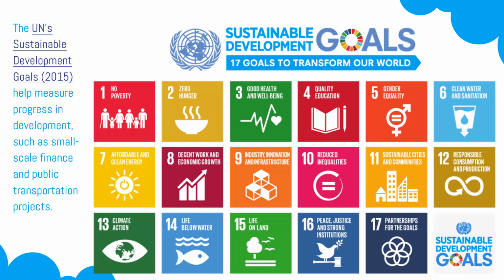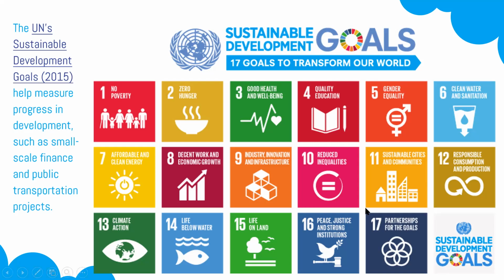In 2015, the United Nations developed these goals, the SDGs, Sustainable Development Goals, to help measure progress in development, such as small-scale finance and public transportation projects. The goal of these goals is essentially to reduce the inequalities among countries in the core, periphery, and semi-periphery, and achieve a more sustainable future for all.